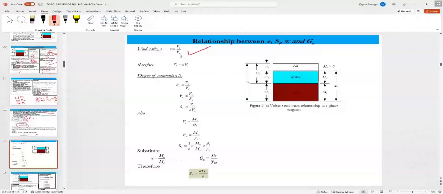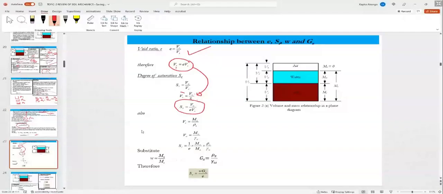So given that, the degree of saturation is the volume of water over the volume of void. So the volume of void times the degree of saturation is the volume of water. If we bring this to this, it is given by that equation, combining the equations.